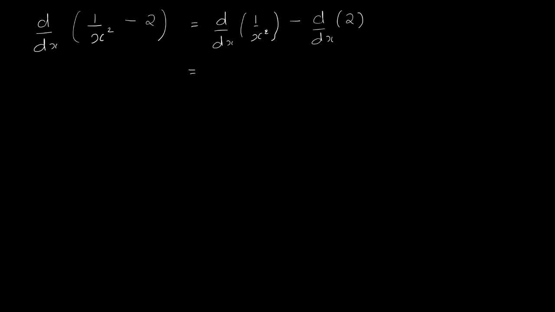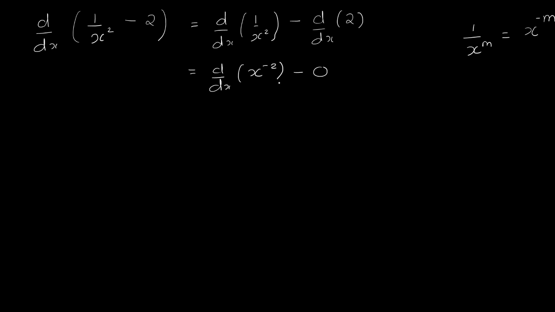Now this 1 upon x square can be written as d by dx of x raised to minus 2. We have always seen that 1 upon x raised to m, when it goes in the numerator, becomes x raised to minus m. So similarly, 1 upon x square becomes x raised to minus 2. Okay, minus, now d by dx of 2 is 0 since it's a constant.